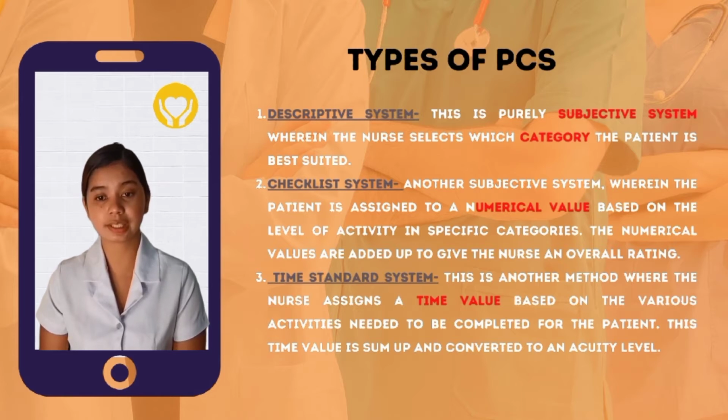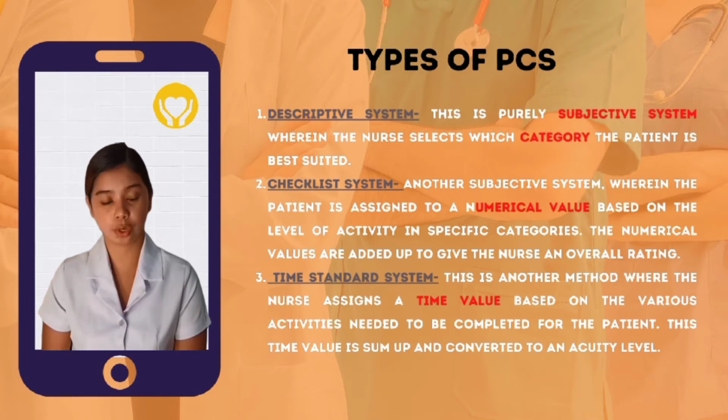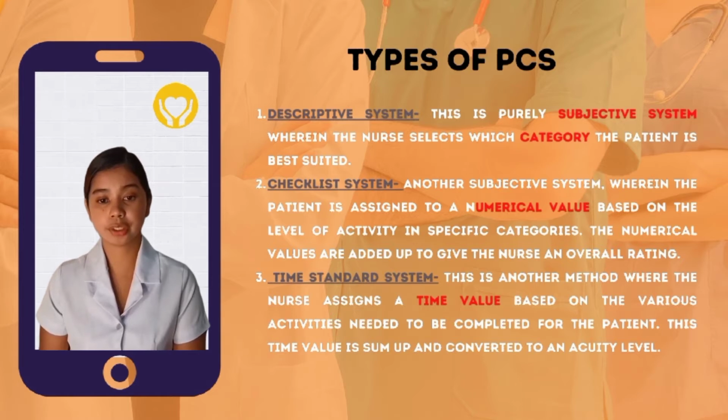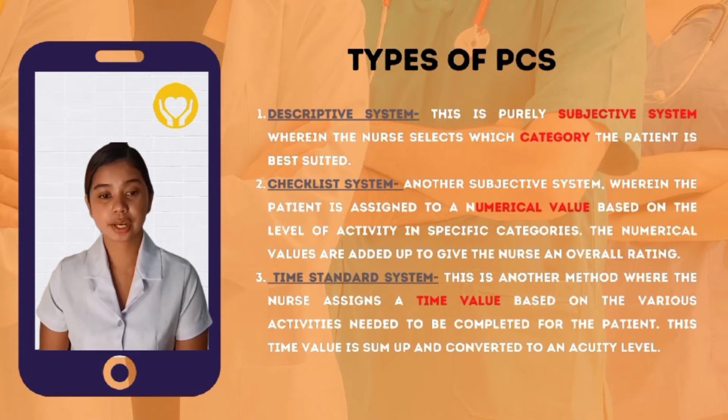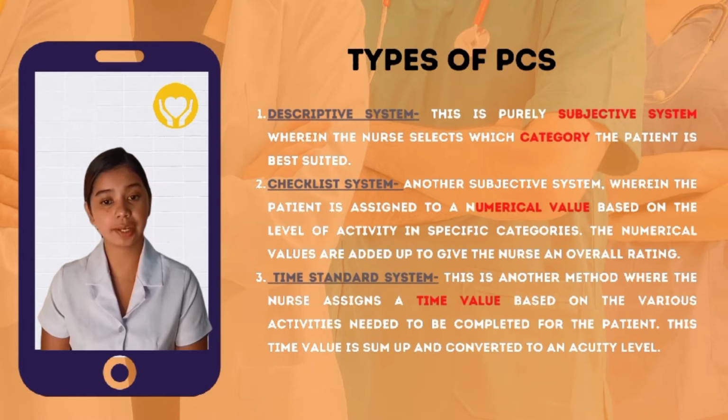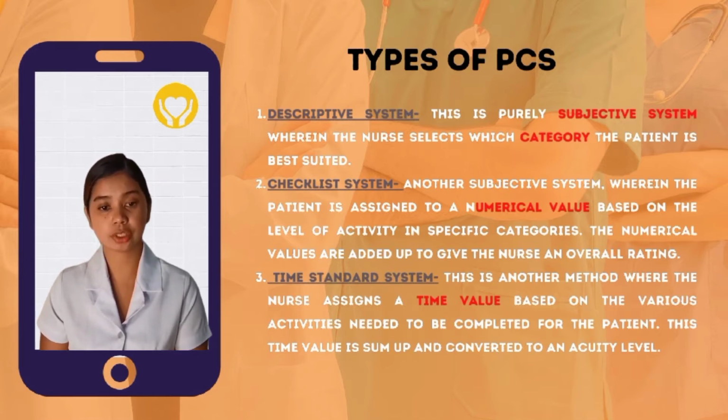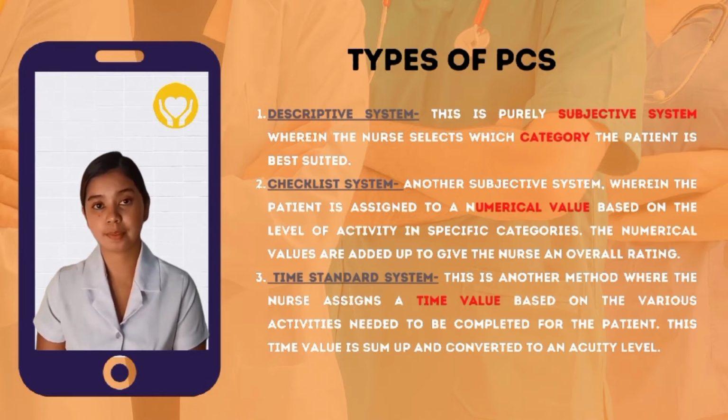Each activity is assigned an activity level point score, such as 1 for routine care or self-care and 4 for comprehensive care. The nurse checks the level of activity for each patient in each category and totals the patient points to determine the level of care. This is usually done at each shift or daily. It too is a subjective system.